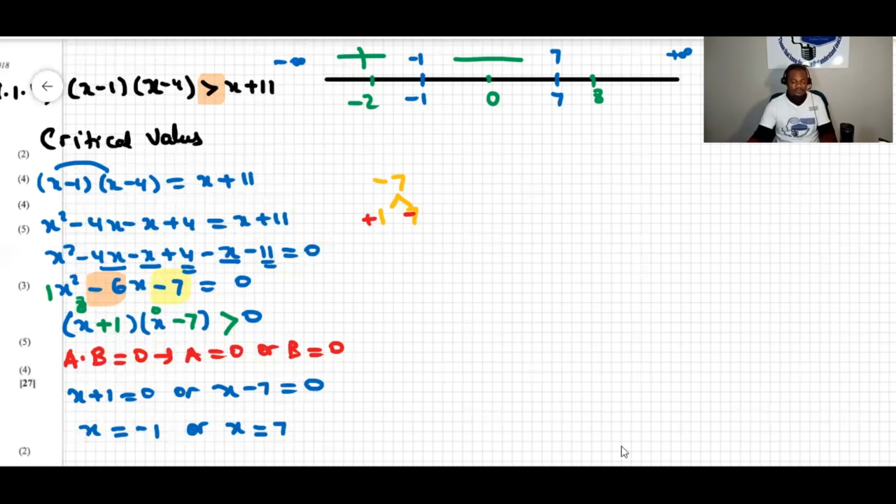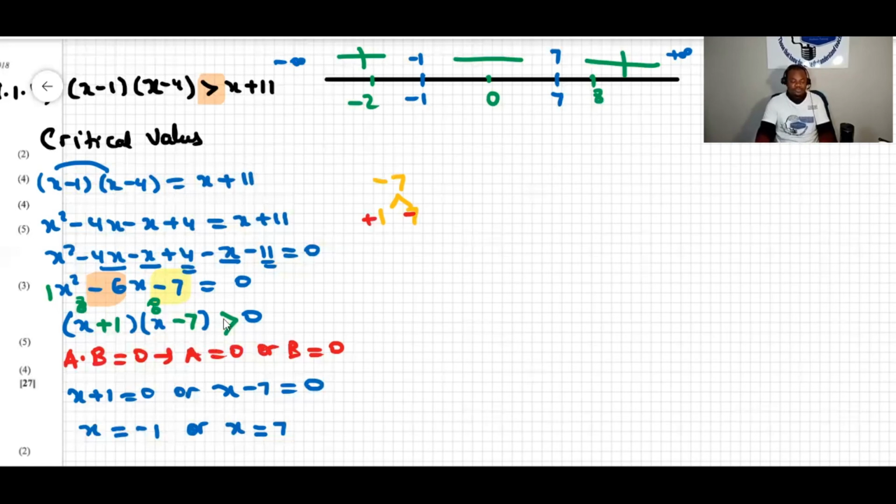If I substitute 8 for x, it'll be 9 times 1, which is 9. 9 is positive. So that tells me in this interval, the solution will always be positive, regardless of the value of x you select on the number line over this interval.